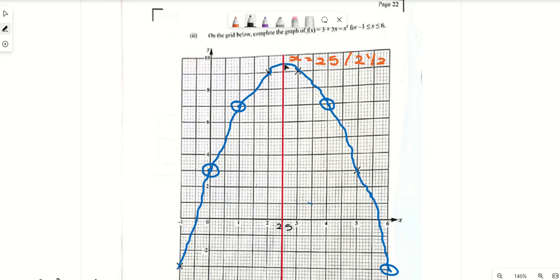What is f of x? So f of x is also known as y, right? So this here would be between 8 and 9, 8 and 10 is 9. So this is 9.